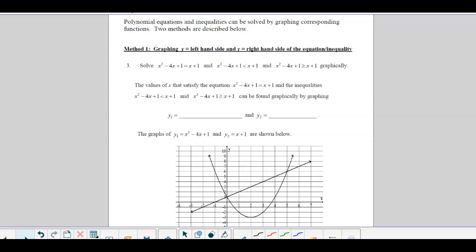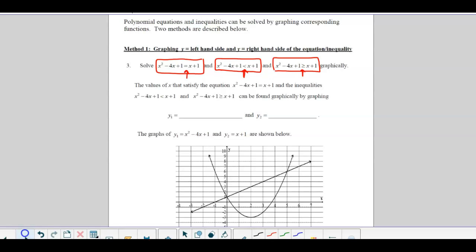In any case, here we're asked to solve this equation. Notice, then we're also asked to solve this, which is an inequality, and then this, which is an inequality. They're all the same except for those signs, right? The left side is the same in all of them, and the right side is the same.